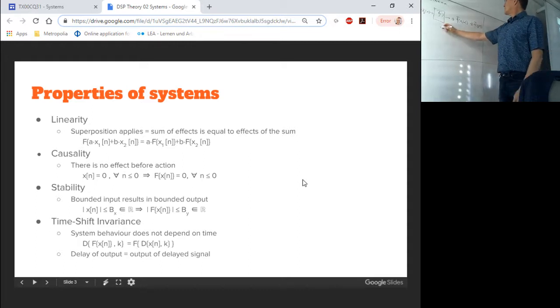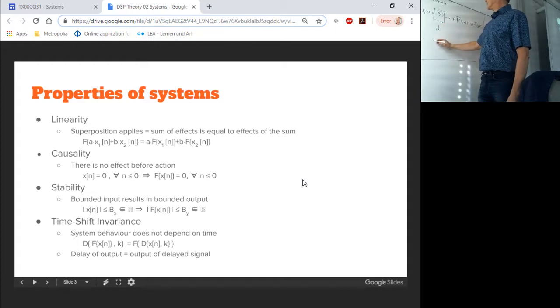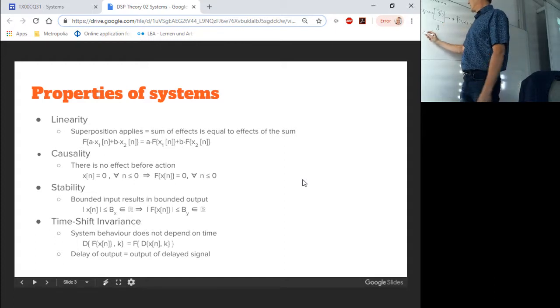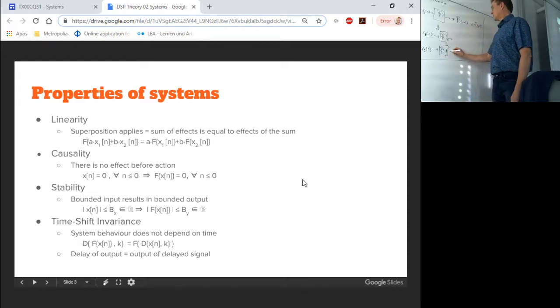That means the system would be the same as having x1 in one of the systems and x2 in another one, exactly the same system, and then a gain by A and B. And that should be exactly the same.